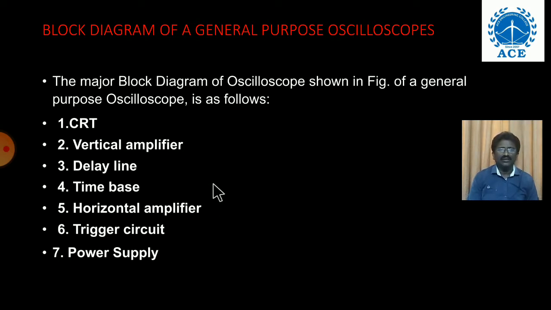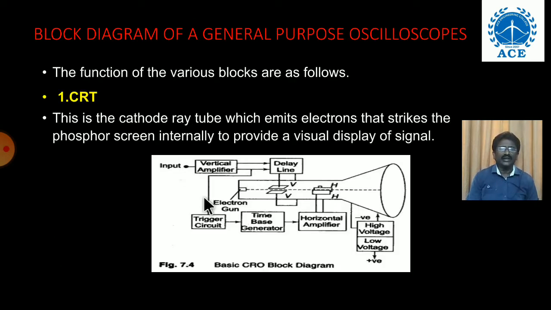To run the overall parts, we use the power supply. Here we apply high voltage, positive high voltage and negative high voltage. So these are the parts of the block diagram of the general purpose oscilloscope. Now I am going to explain them one by one. Actually, we have seven blocks.